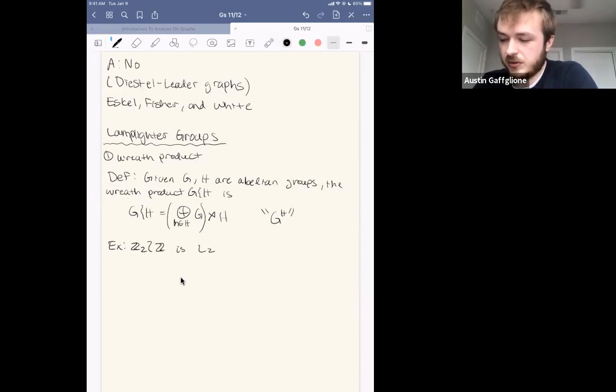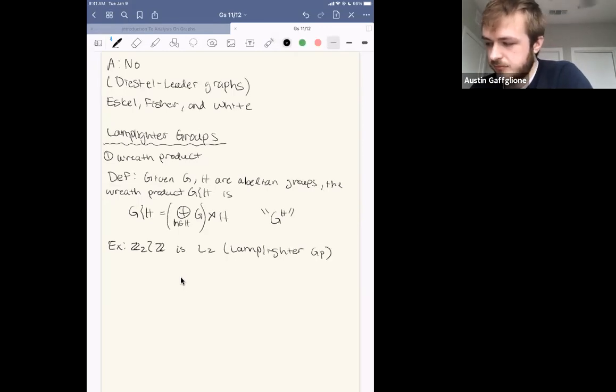This is our Lamplighter group, or a specific case of a Lamplighter group. In general, if I take the wreath product of Zn with Z, I get the general Lamplighter group.